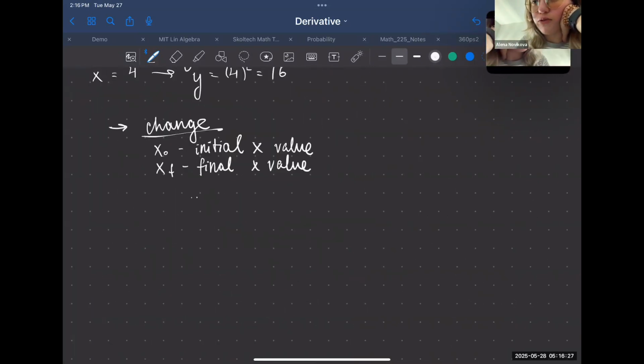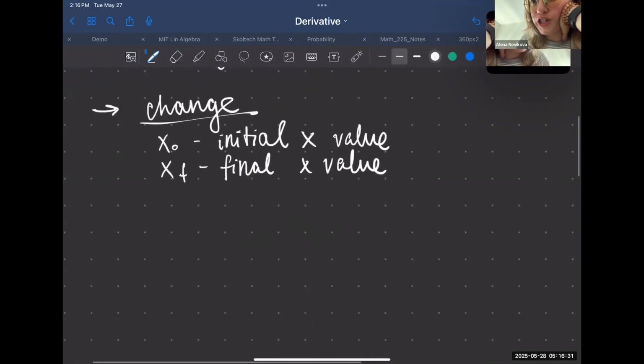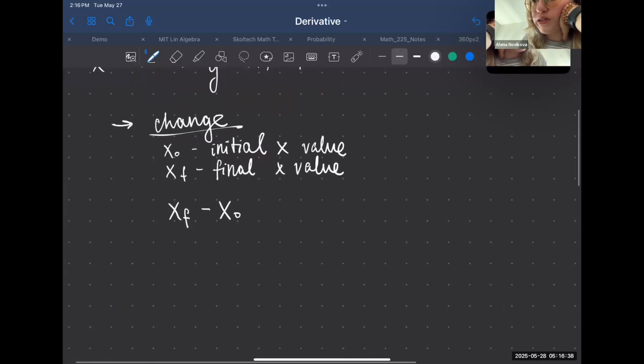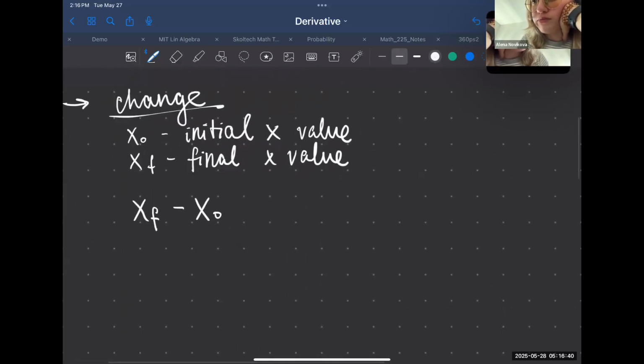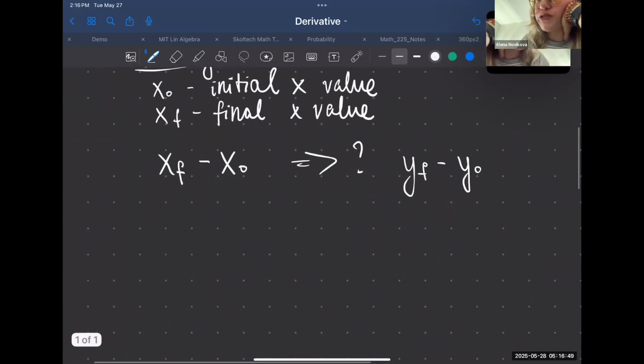So now what I said before, we're interested in the change in x. So x final minus x initial, how is that going to affect y? What's going to be y final minus y initial?